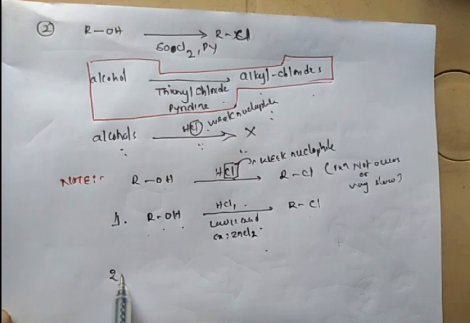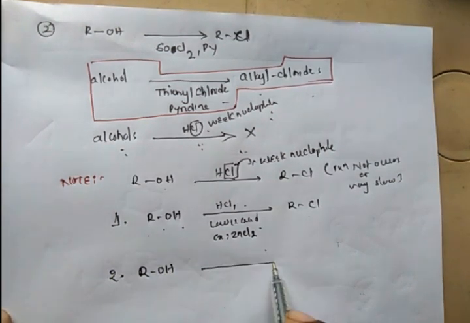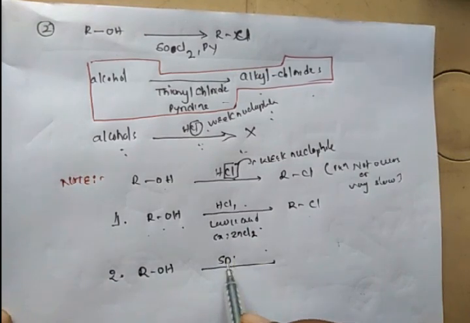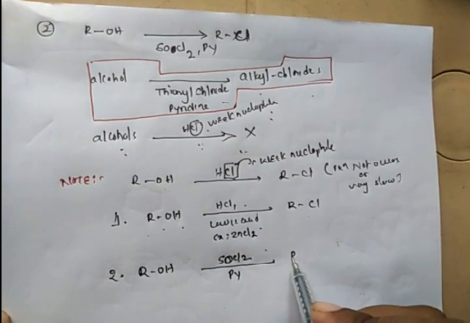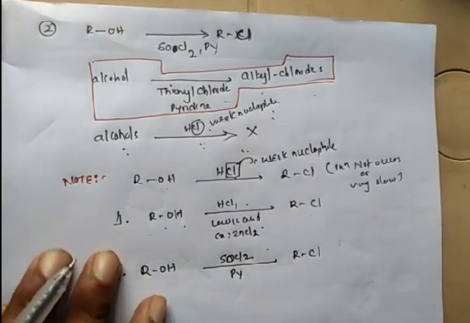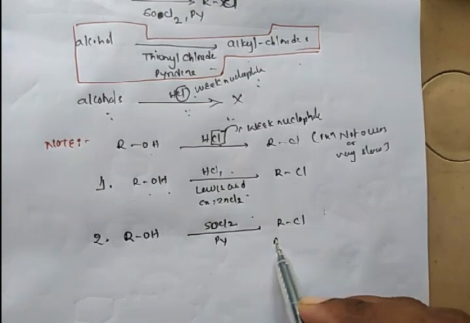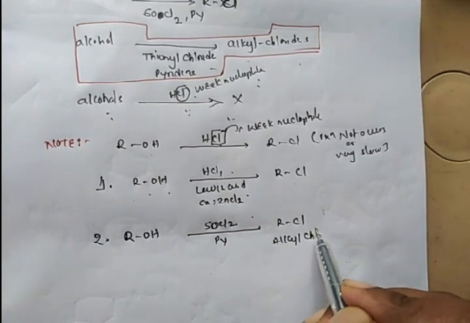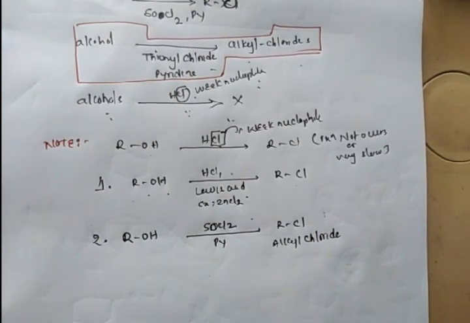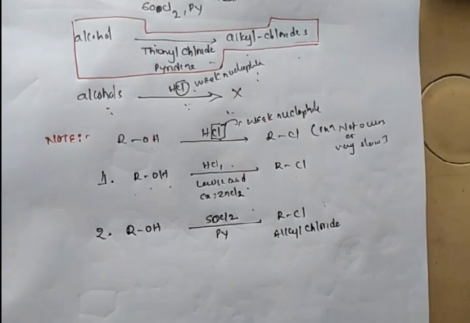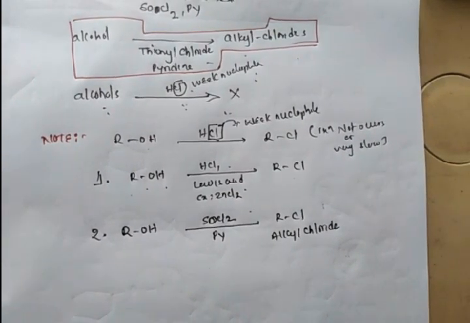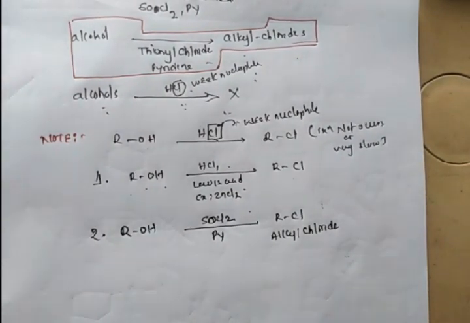Otherwise you can get the alkyl halide by treatment of alcohols with thionyl chloride, SOCl2, in presence of pyridine. You will get alkyl chlorides. So now we see the mechanism of this conversion of alcohol into alkyl chloride.